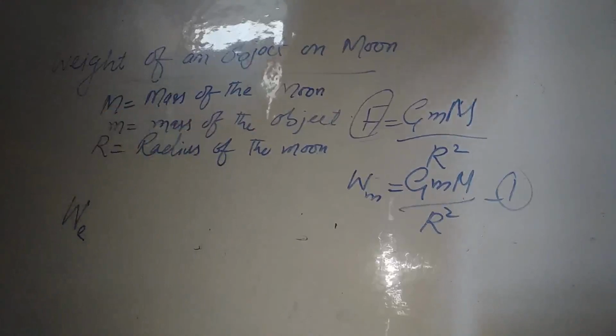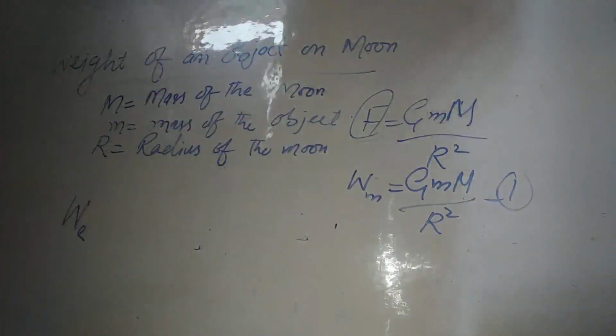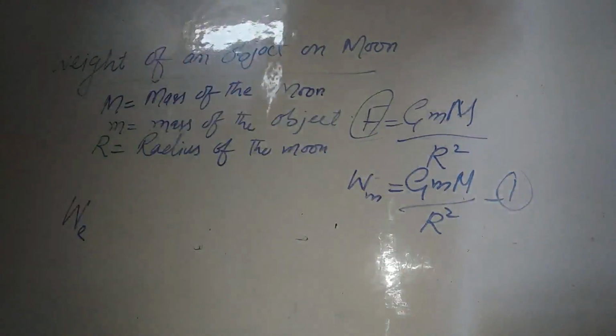But here is the question that the earth has not mass equal to mass of the moon. We know that mass of the moon is not equal to mass of the earth. We know that mass of the earth is approximately 100 times the mass of the moon.